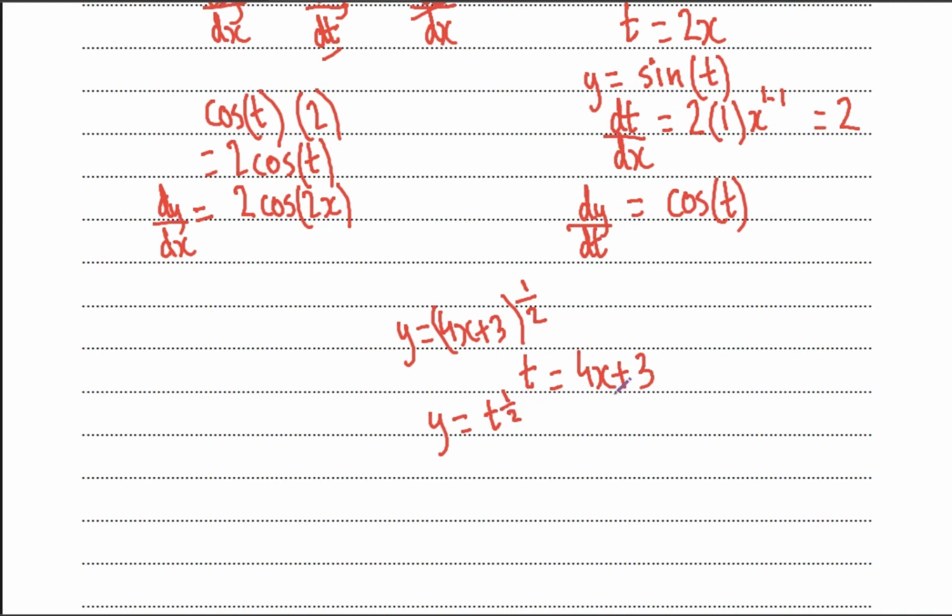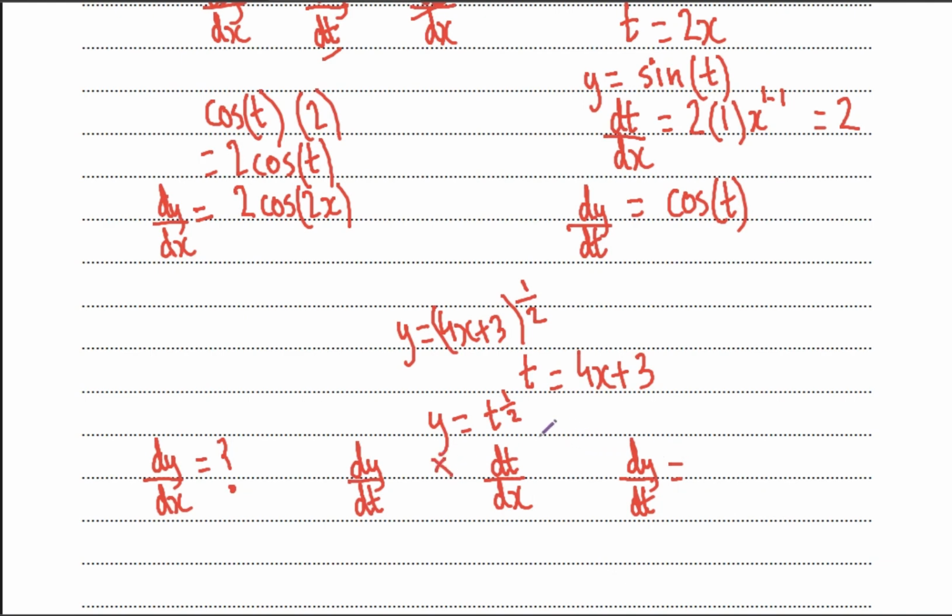Well, what we really need is dy by dx, question mark. But we don't know how to get that. But what we can get is dy by dt, and we can get dt by dx. If you multiply these two, you would get dy by dx.